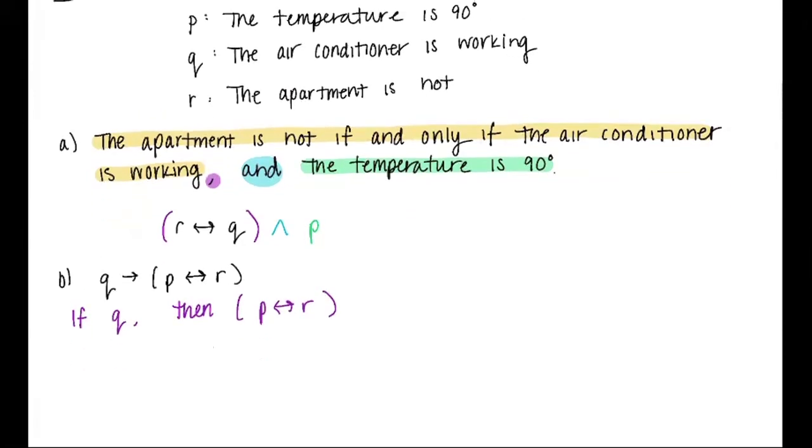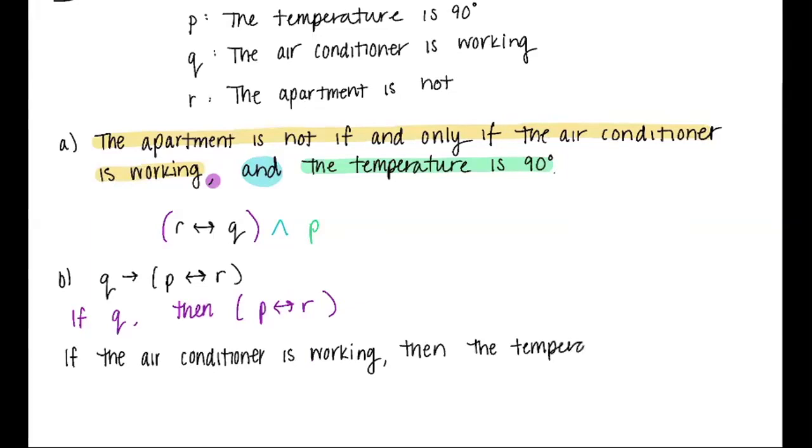So if Q happens, which is if the air conditioner is working, then P if and only if R. So then the temperature is 90 degrees if and only if the apartment is hot.